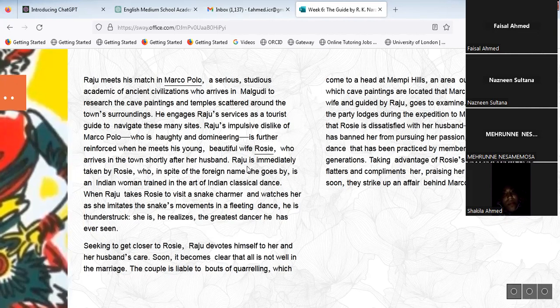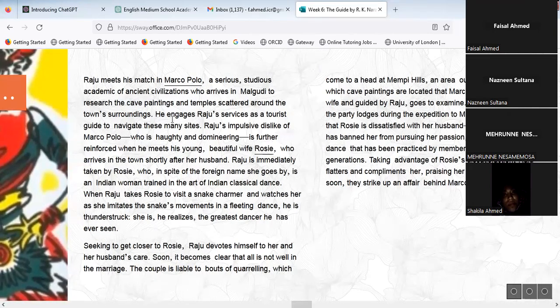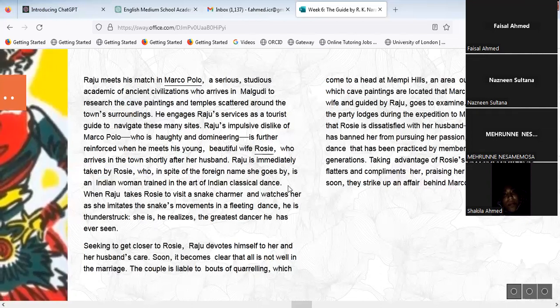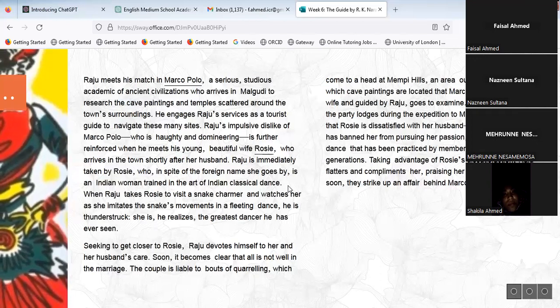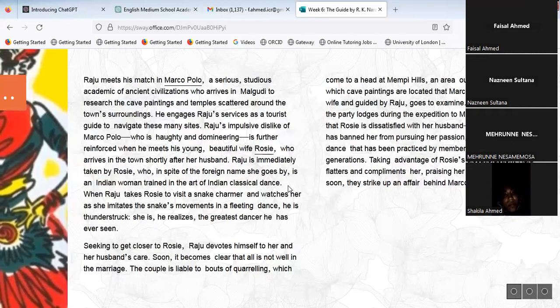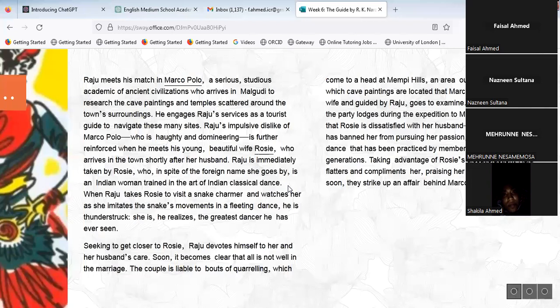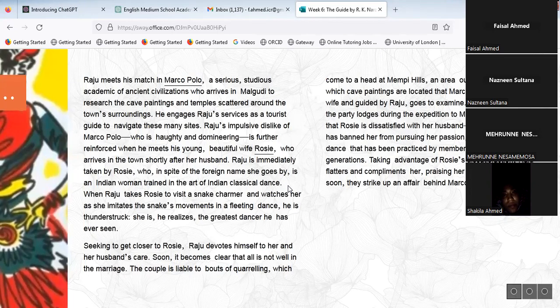She is an Indian girl, but she is married to a foreigner, Marco Polo. So Raju got a very good opportunity to make a good friendship with Rosie. Marco Polo, being a researcher, couldn't provide enough time to his wife Rosie, so Raju got an opportunity to spend time with her.